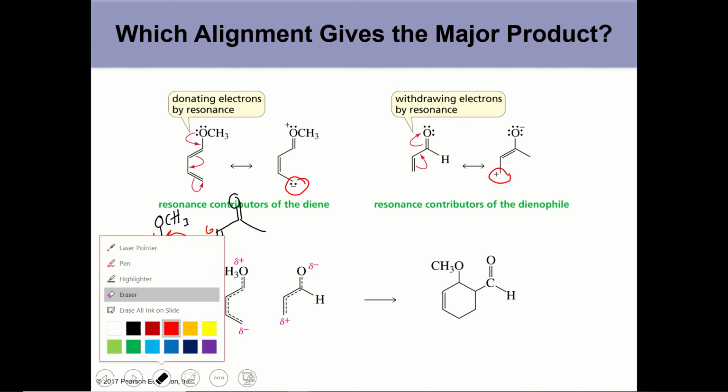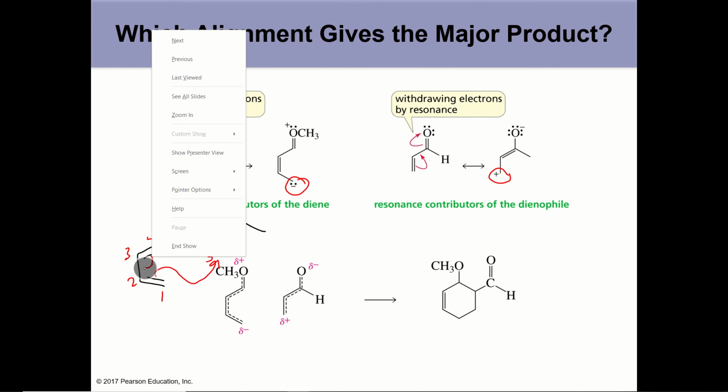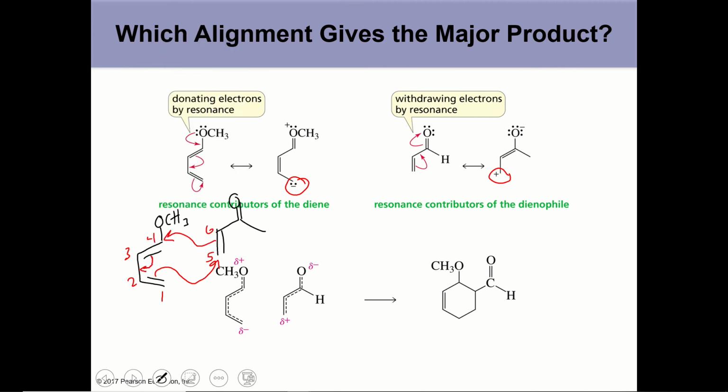Really, it should come from the pi bond. So from this pi bond to carbon 5, from the pi bond between 5 and 6 to carbon 4, and the pi electrons of carbon 3 and 4 going to carbons 2 and 3. And that gives us our final product.